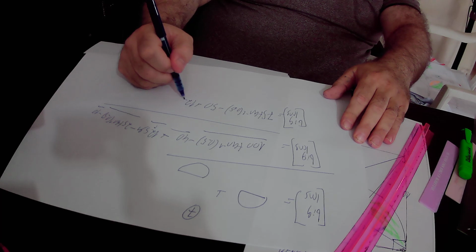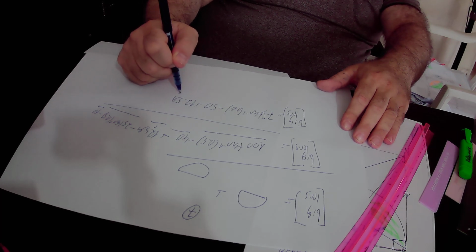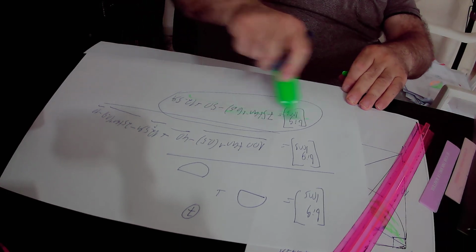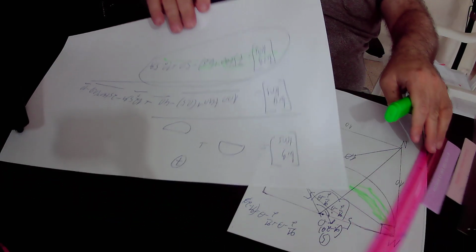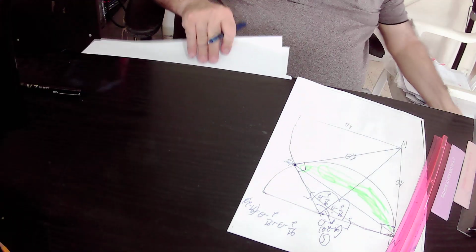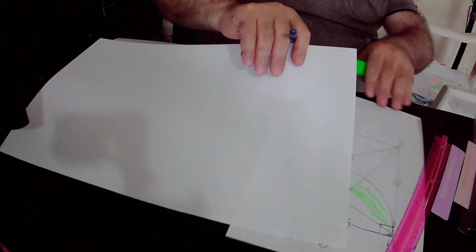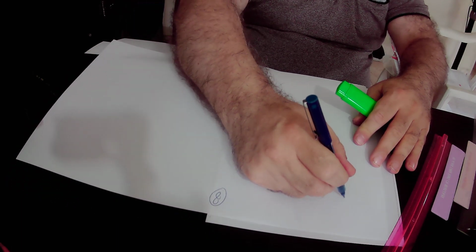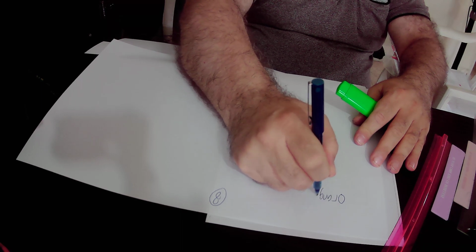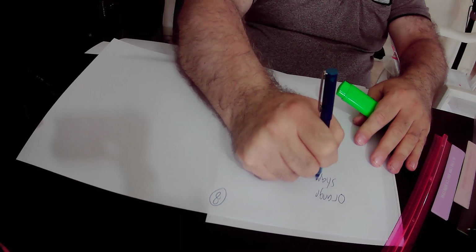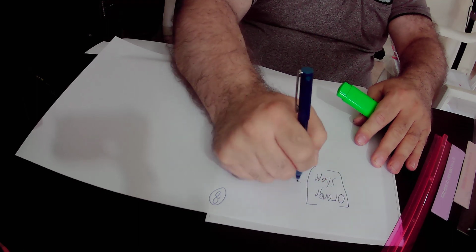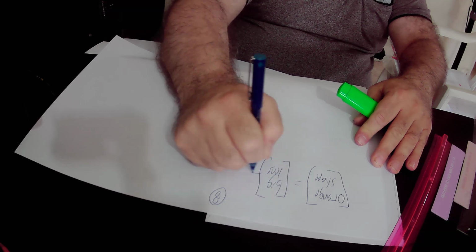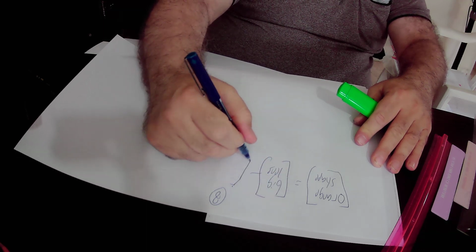This is the area of the big lens, and the area of the orange shape equals the area of the big lens minus the area of the blue lens.